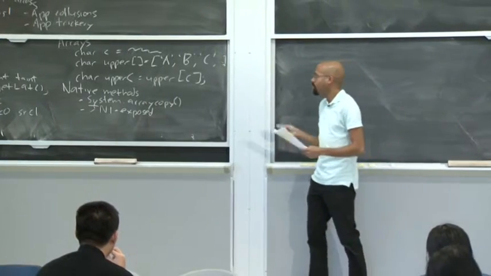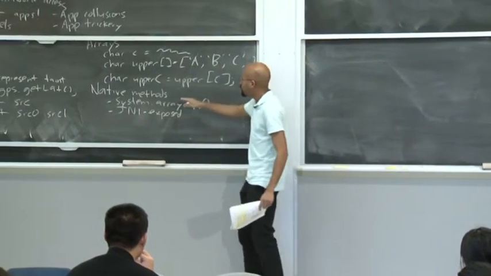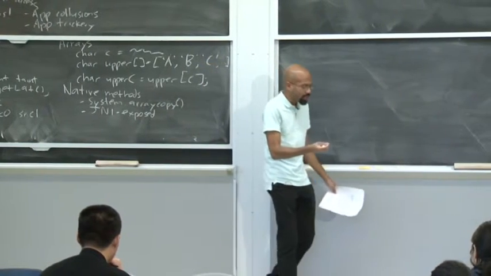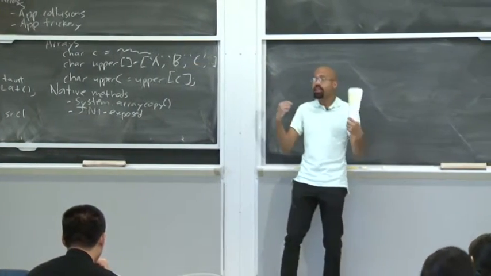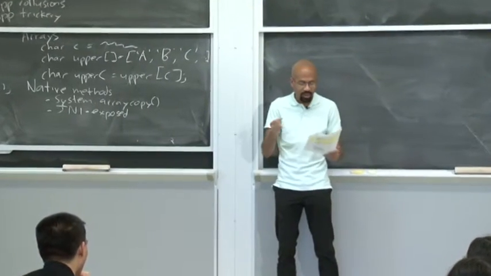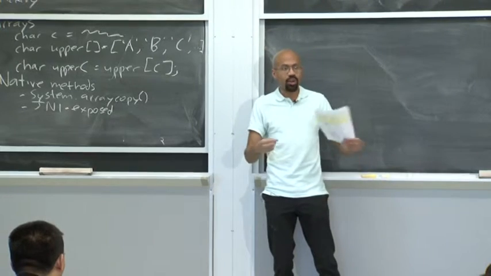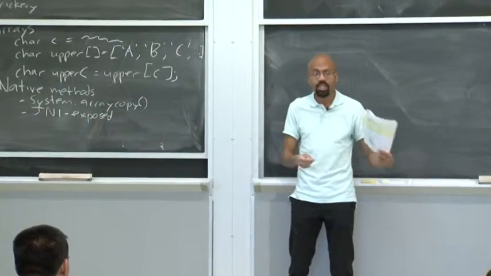And so the problem with these native code methods from the perspective of tracking taint is that this native code is not being executed directly by the Dalvik interpreter, right? And in fact, it is often not even Java code, maybe C or C++ code.